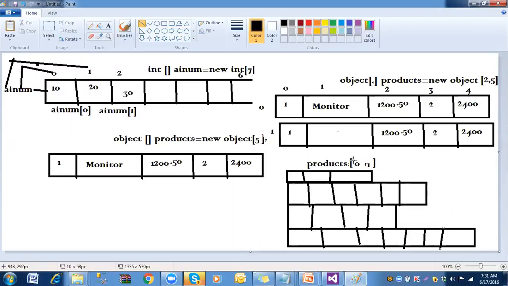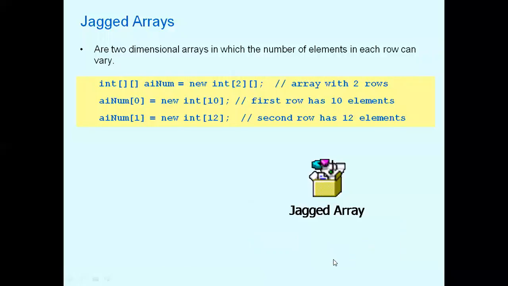If you want to utilize memory efficiently, depending on the memory, we have to assign different types of memory locations. Then we can go with a zigzag array. Here row number separate, column number separate. Array of integers, new int of. Here we don't know the columns. That's why columns will always be blank. But we know how many rows are available.